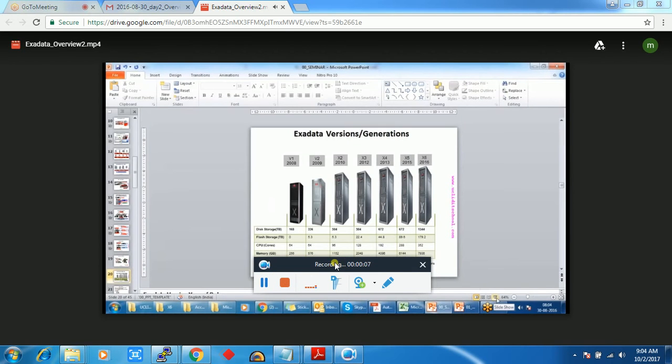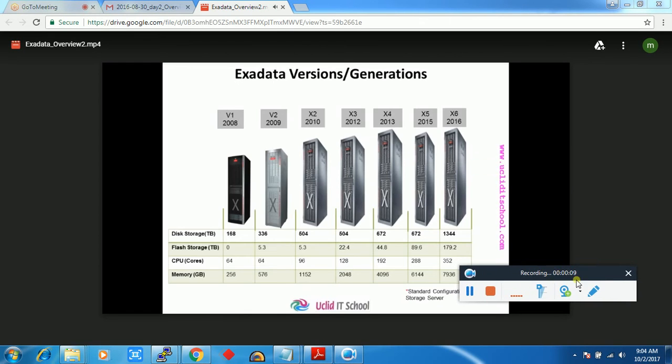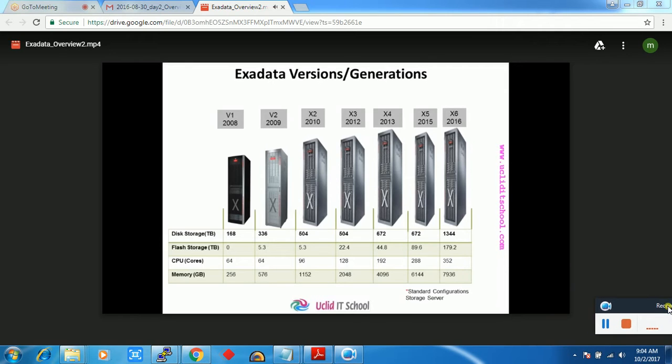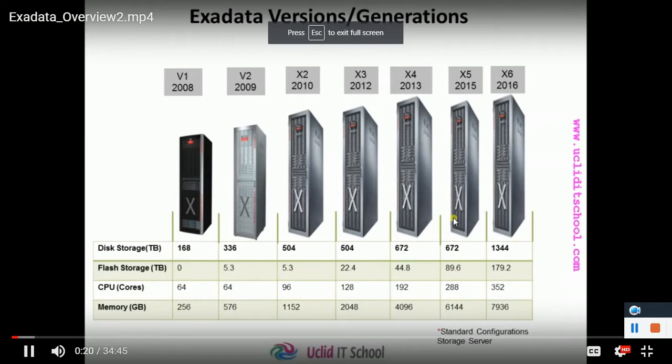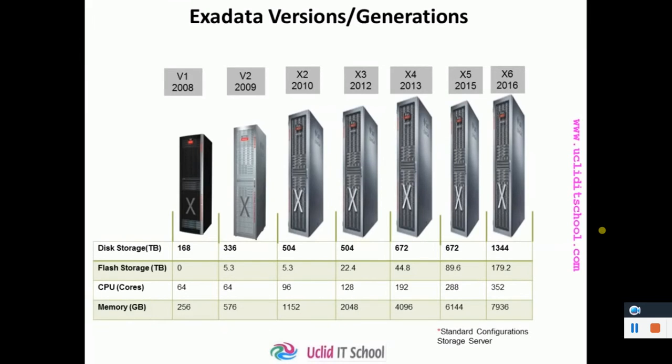and see more details about Exadata database machine. We'll start with understanding the versions of Exadata, then see more details about Exadata. As with any other software, as with any other system, Exadata has different versions.